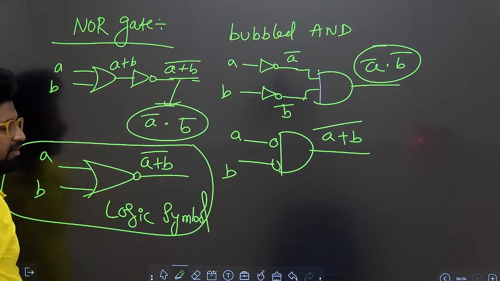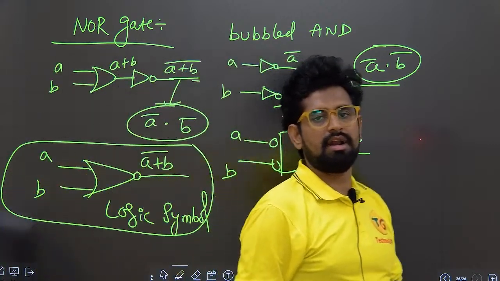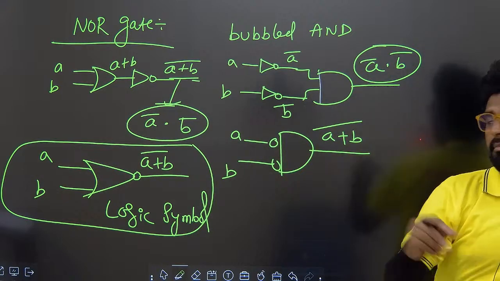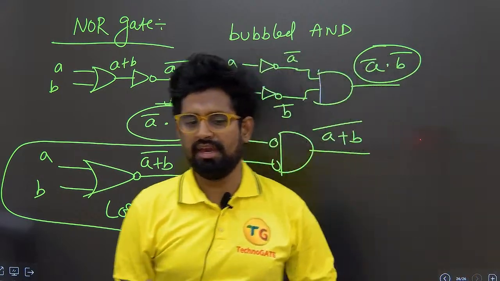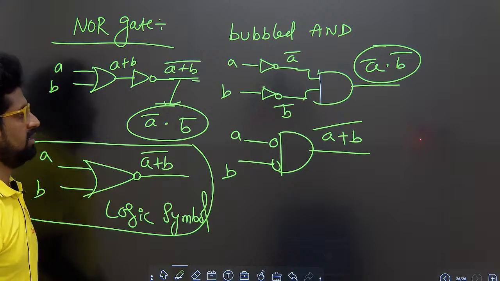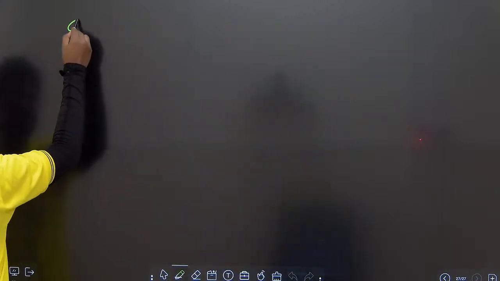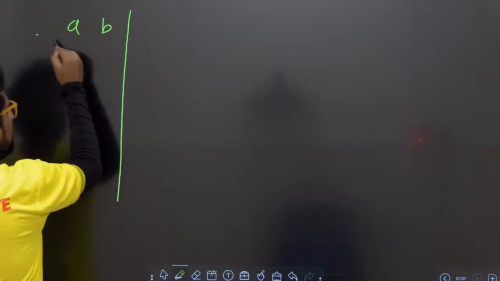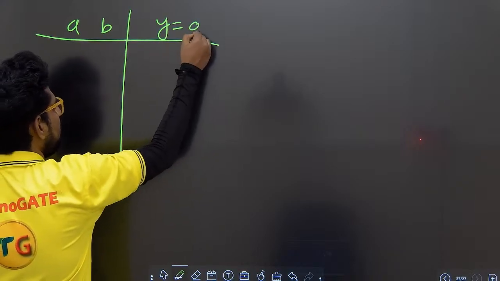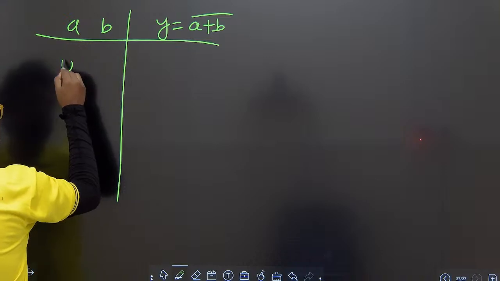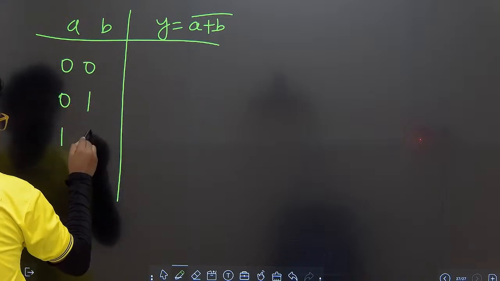Just like we did for the NAND gate, the same procedure we are doing here. Next we draw the truth table. The truth table contains two inputs, A and B, and one output, A plus B whole bar: 0 0, 0 1, 1 0, 1 1.